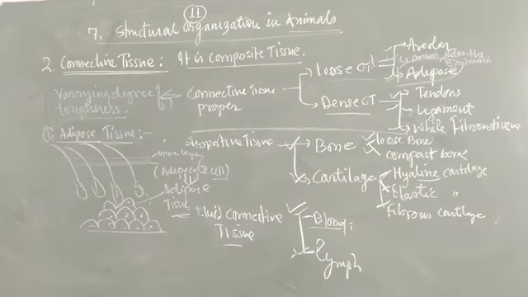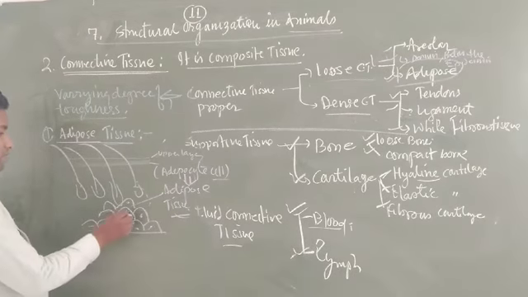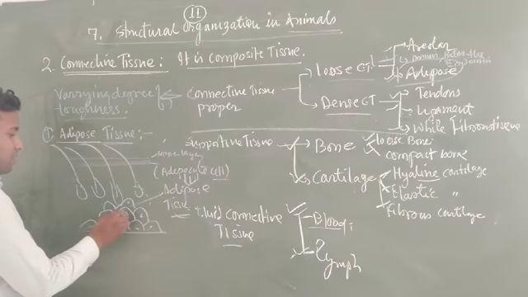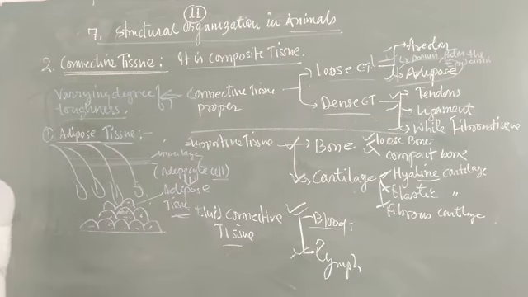An adipocyte is large, spherical or oval, and almost entirely filled with fat. The cytoplasm along with the nucleus and organelles is shifted to the periphery, to one side, due to the accumulation of fat.